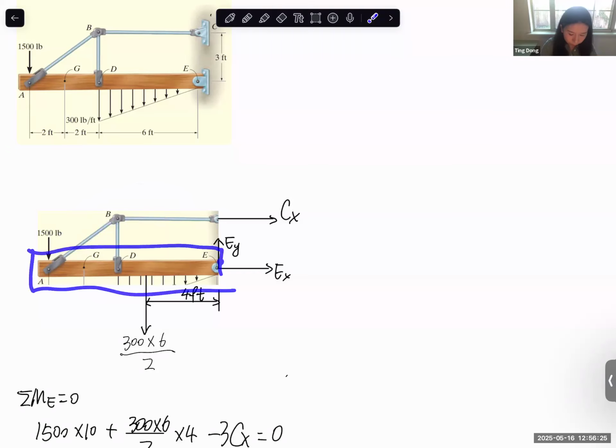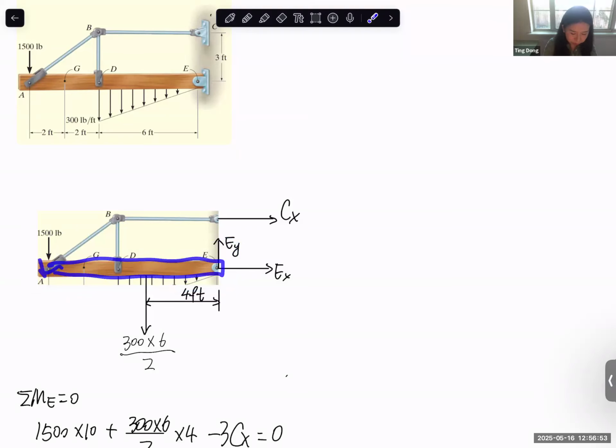If I want to do a free body diagram only for the horizontal beam structure, the AE section, which we're not doing for this example problem, then we need to consider this force and reaction here. Because for the AE beam, we separate it from the entire structure, the forces generated in the AB section and the BD section become externally applied forces to the AE beam.